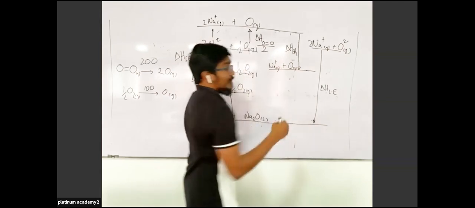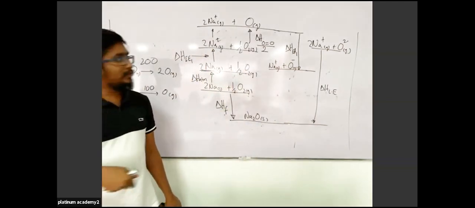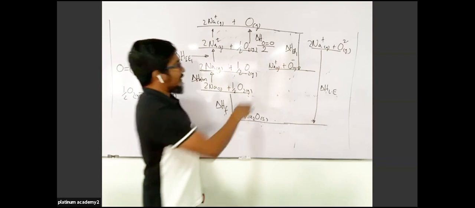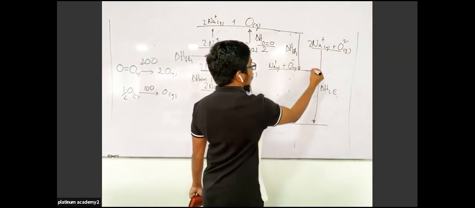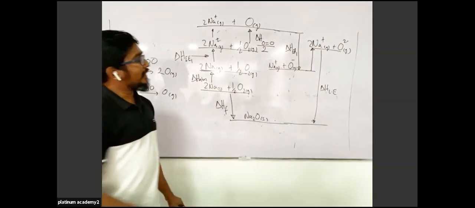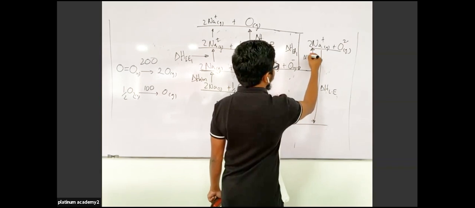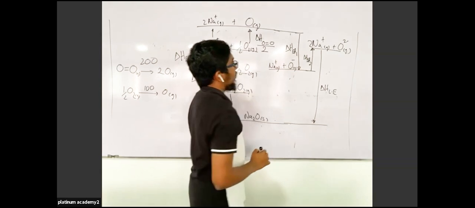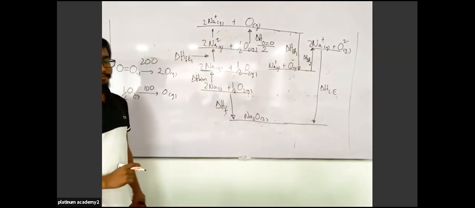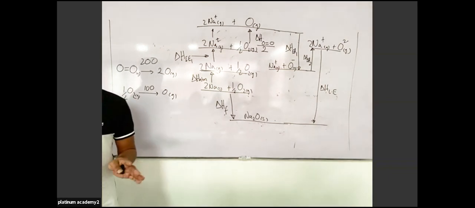That is electron affinity 2. Is it plus or minus? Plus, right? That's why I drew this a bit below this one, because the arrow should again go up. That's electron affinity 2. Now everything is perfect, right?